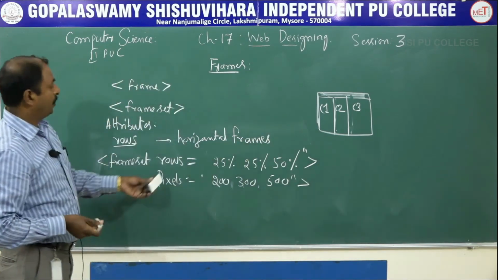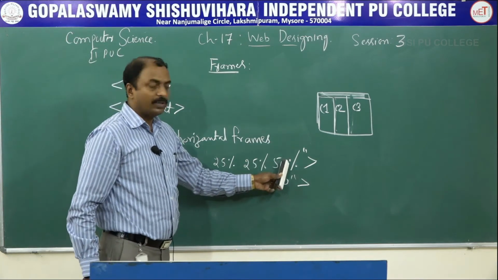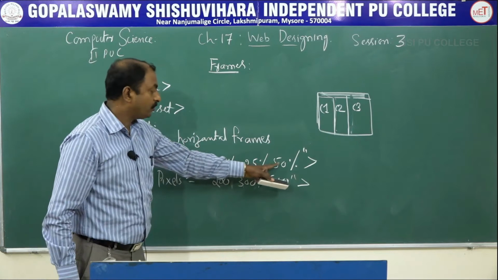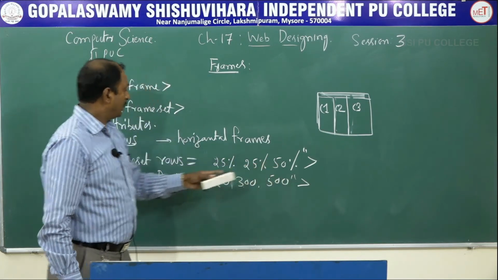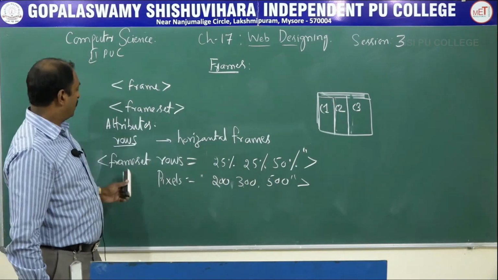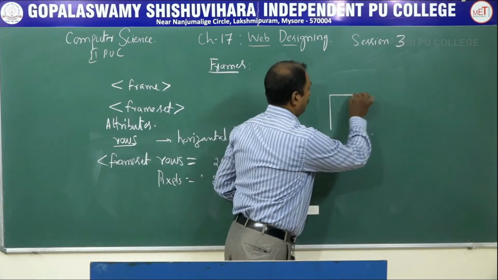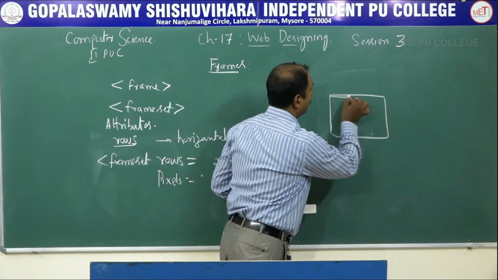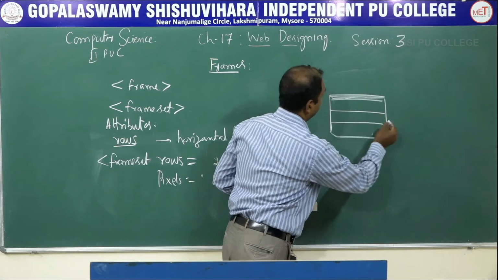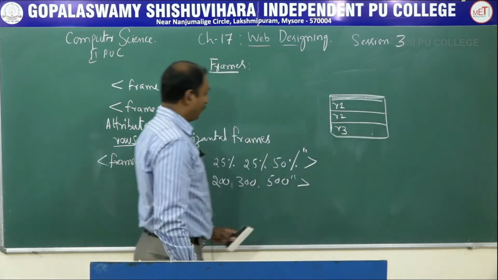Take the same example, frameset rows, here 25%, 25%, 50%, or with a number of pixels. Here we have mentioned three values, so the output is that this window will be divided into three frames in the form of rows. This is your web browser window, and it divides like this. So this is your row 1, row 2, and row 3.